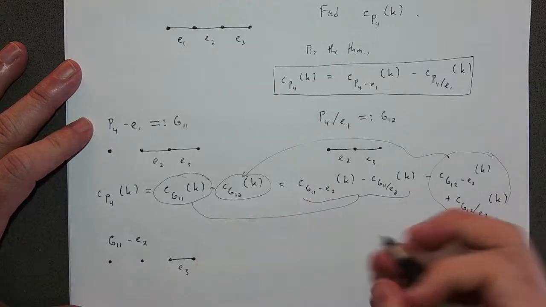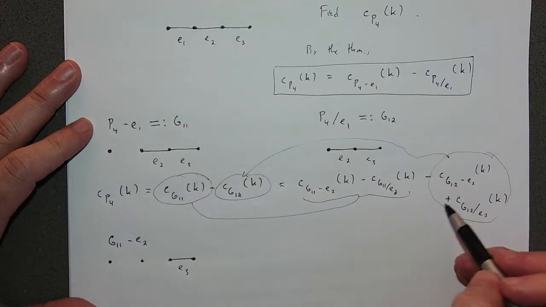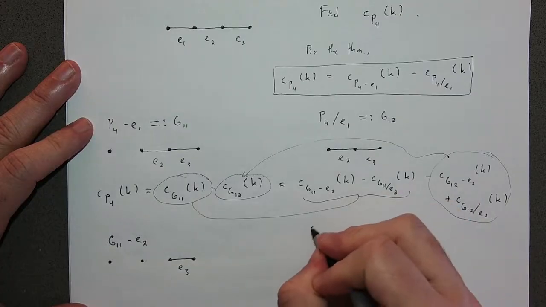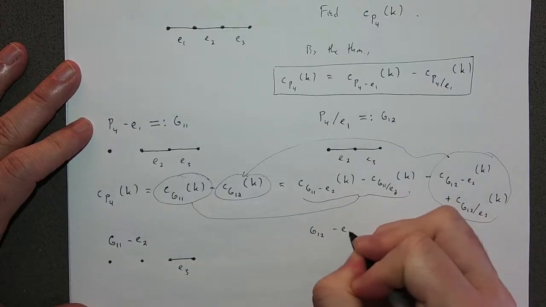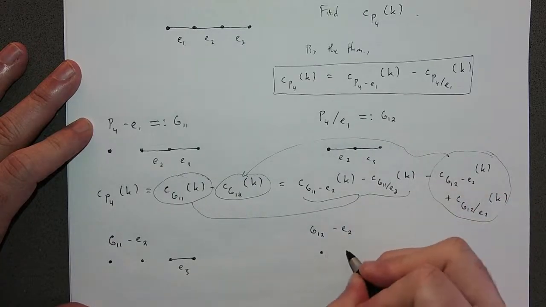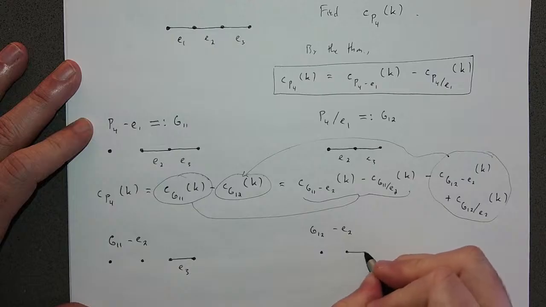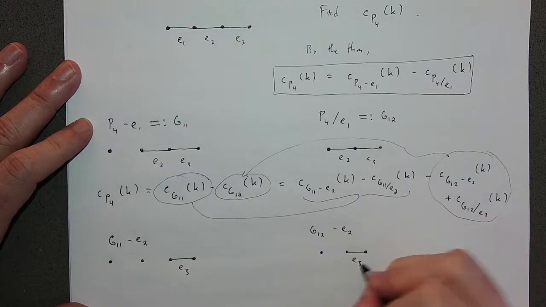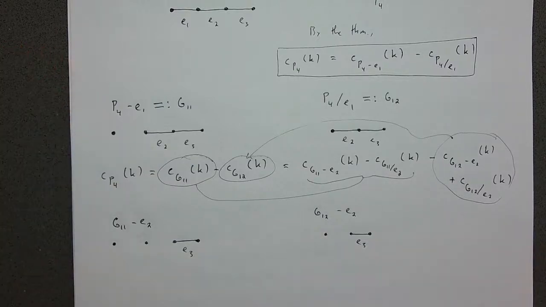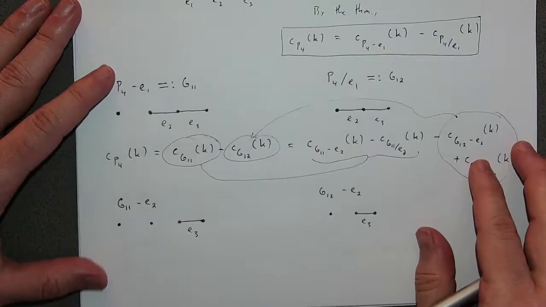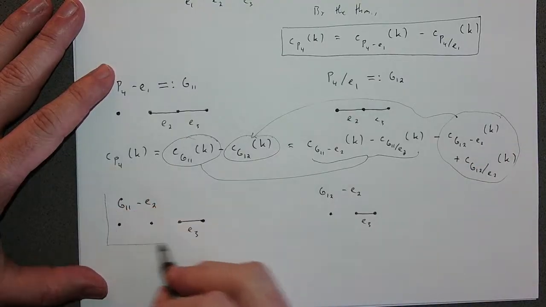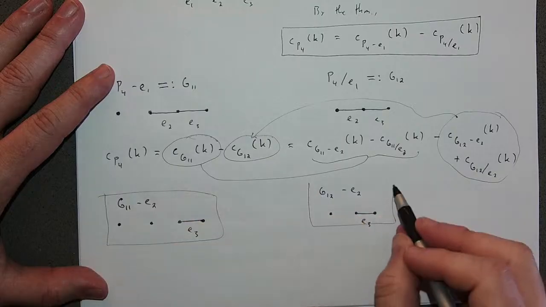And what does G sub 1 2 minus E2 look like? Well, here's G sub 1 2, so it's this. Maybe I should box these so that we don't get our labelings confused.